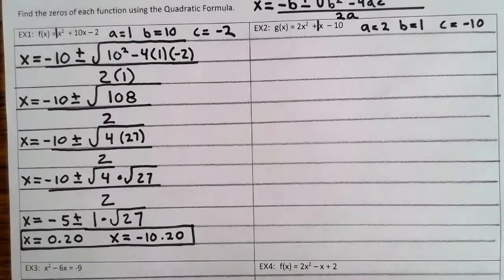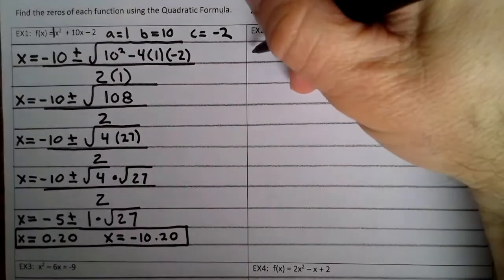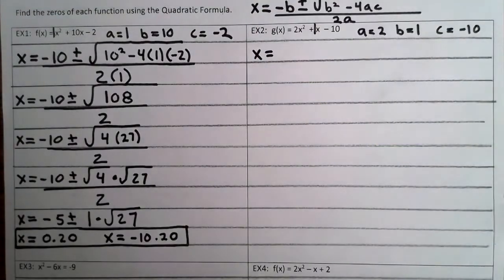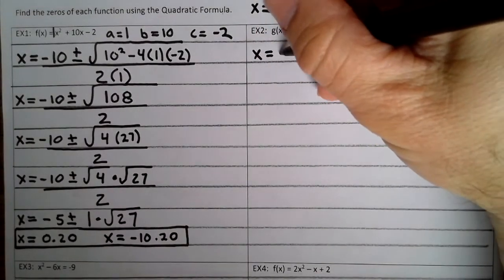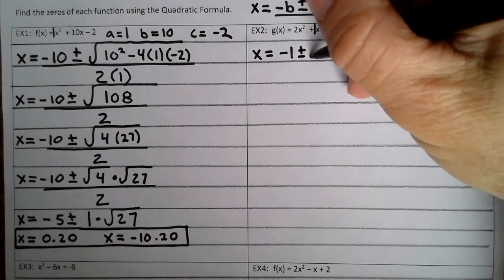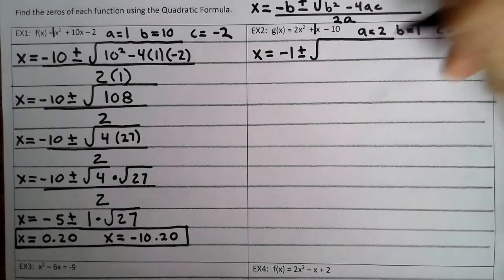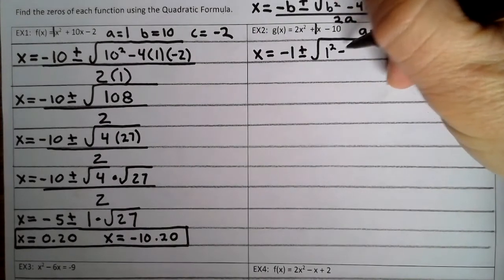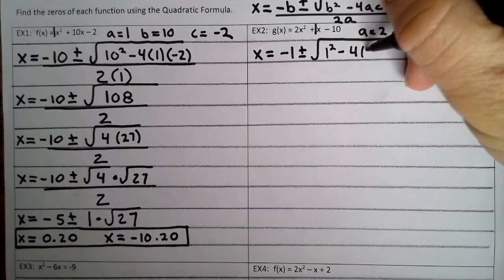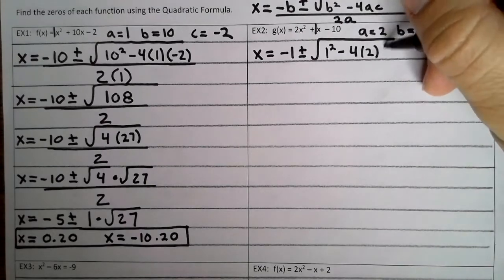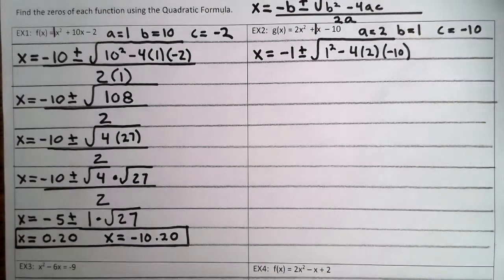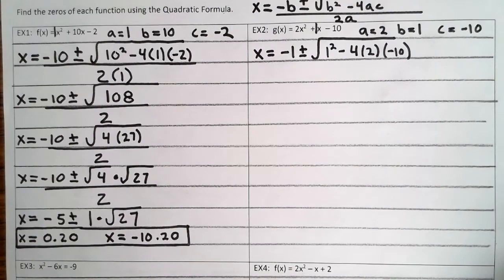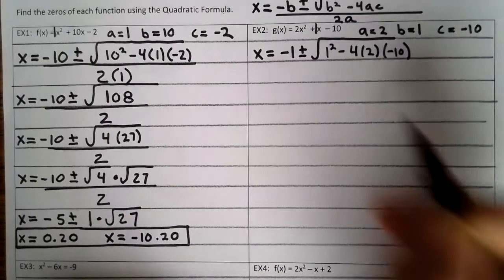So x equals negative 1 plus or minus the square root of 1 squared minus 4 times 2 times negative 10, divided by 2 times 2.